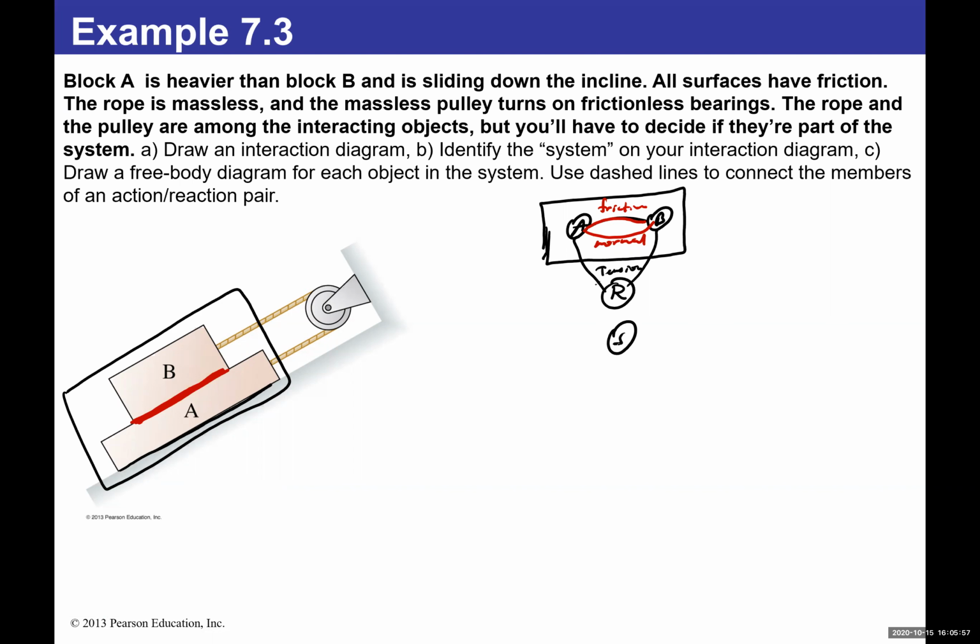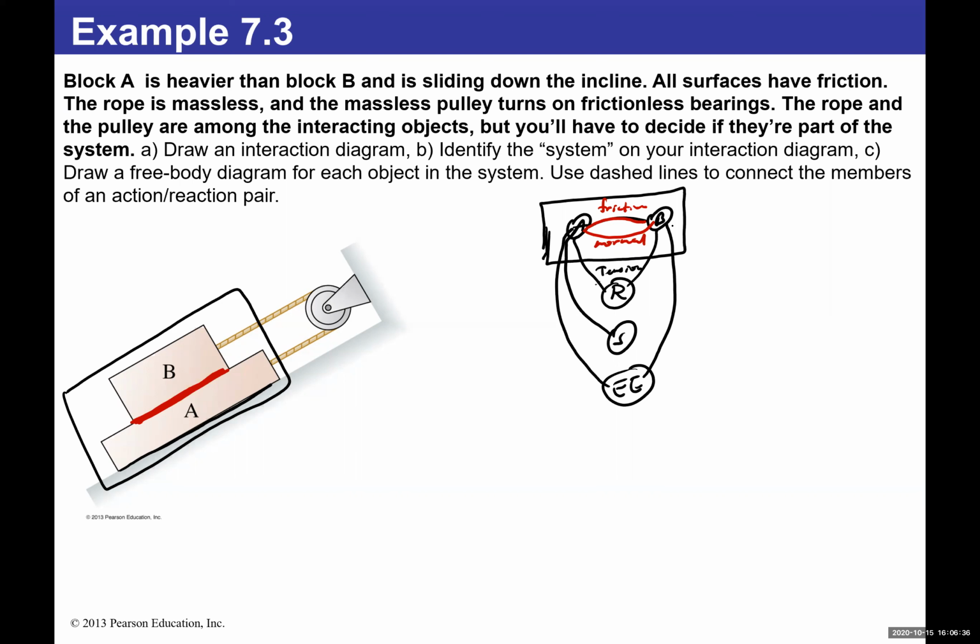There's a surface force that only acts on A, but not on B. And then you have the entire Earth, which acts on both A and B. Okay, so this will be your interaction diagram, where my system is just two blocks, A and B, and they exert two forces on one another, friction and normal force. And there's a rope, tension on both of them, the surface of the incline acting on A, and the entire Earth acting on both of them. All right. Next, we're going to do a free body diagram.